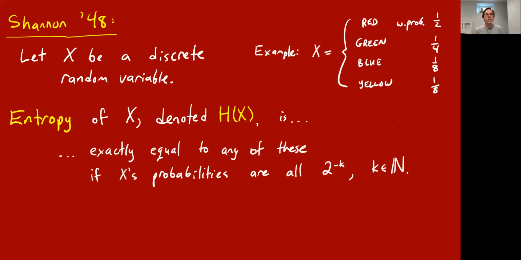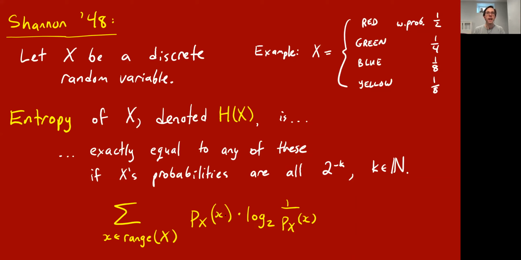So, all of these intuitive definitions of entropy that I've given so far are exactly correct if X satisfies this special property that all the probabilities are inverse powers of 2, like 2 to the minus k for some natural number k. Then all those intuitive definitions are exactly correct, and this would be the formula that you get.